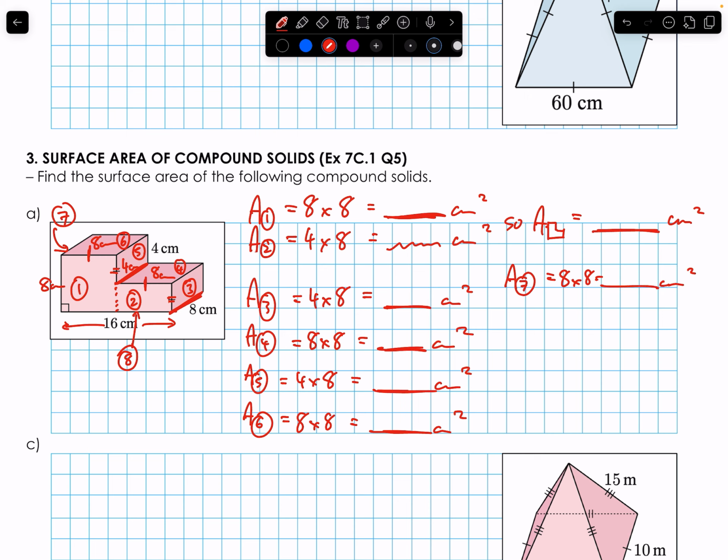And the bottom, area 8, is going to be 16 by 8 square centimeters. So you need to add all those up. Don't forget there's 2 L shapes as well for the total area, which you should find yourself using the calculator.